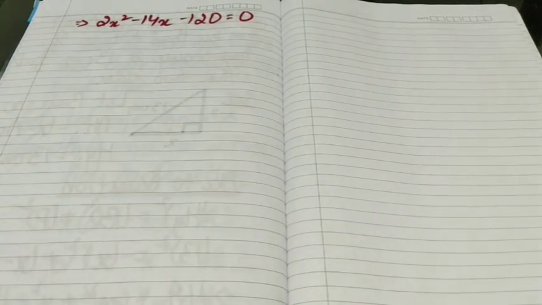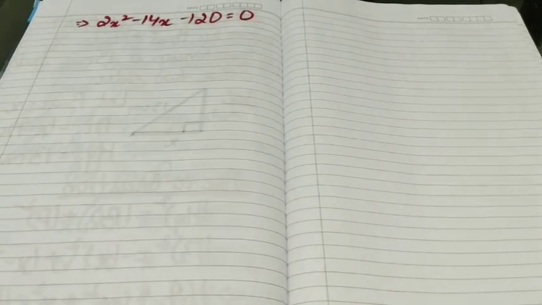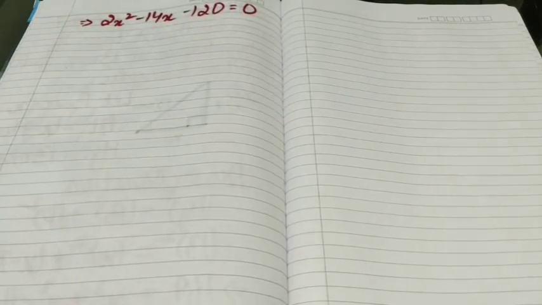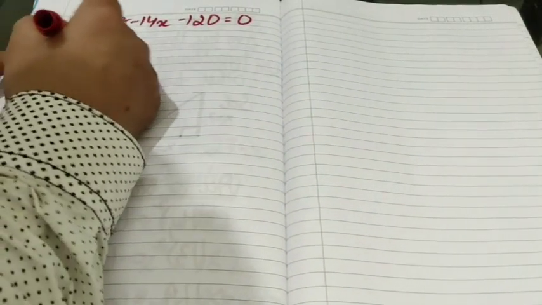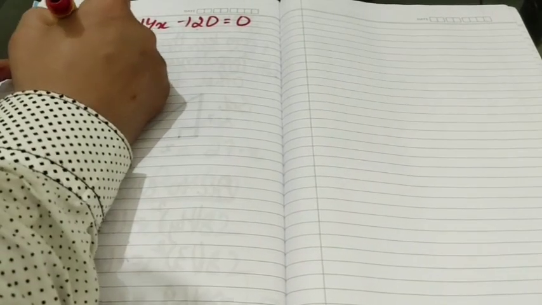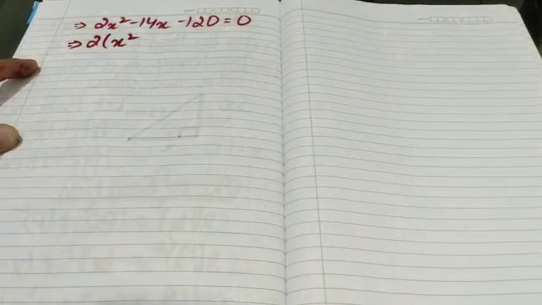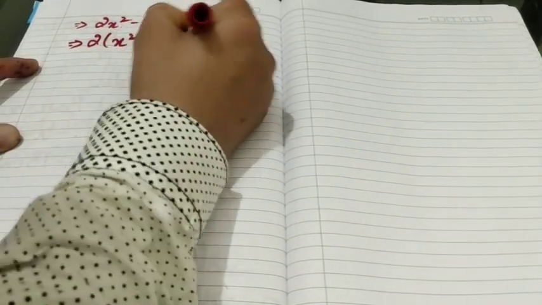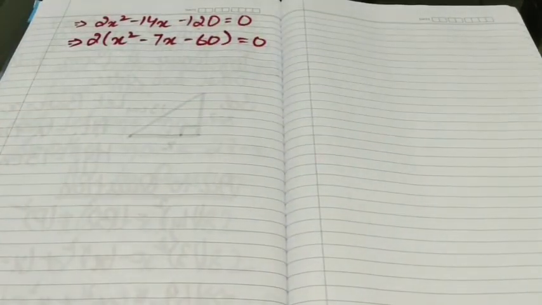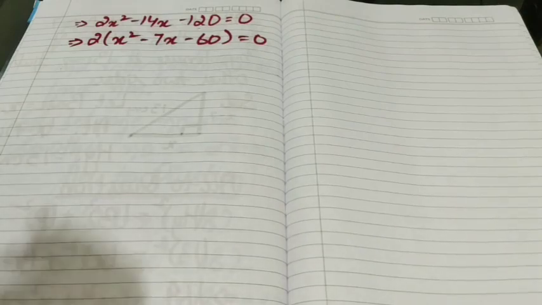Well students, we will always try to write a quadratic equation in the simplest form. So if possible, then we will try to take the things common here. Since 2 can be taken common from all the coefficients, I am going to take 2 common, and in the bracket we are left with x squared minus 7x minus 60 equals to 0, and when we shift to the right side, that will become 0 upon 2, so we can neglect that.